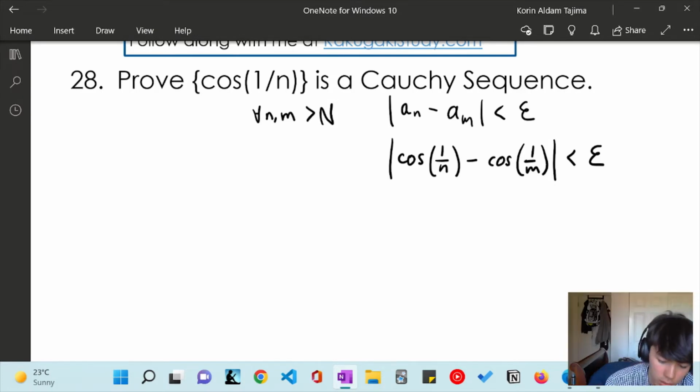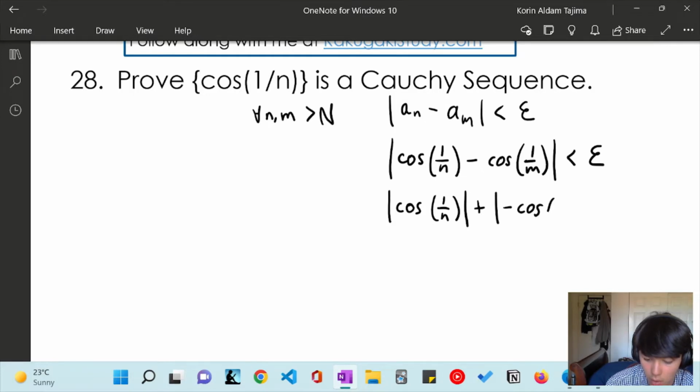Okay, and I assume we can separate it into a cosine of 1 over n plus a negative cosine of 1 over m, and that's going to be less than epsilon.